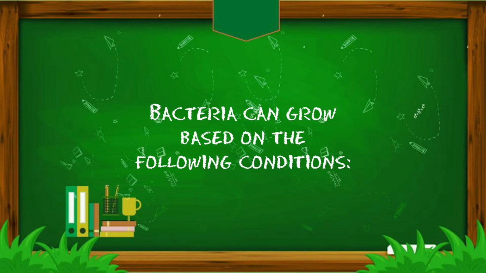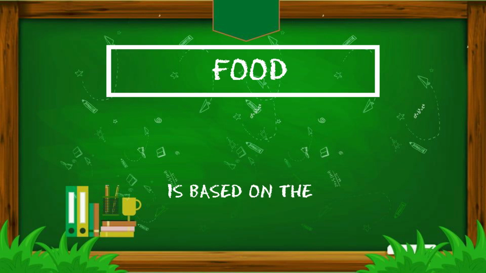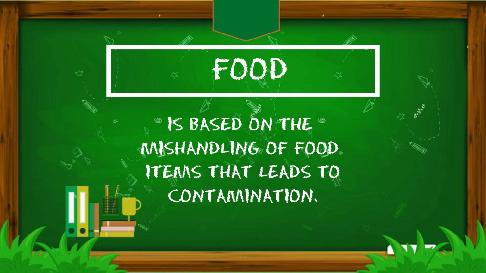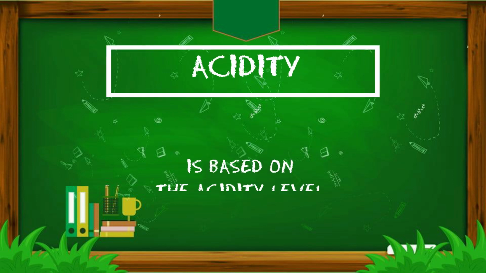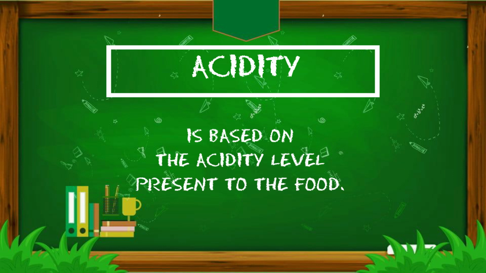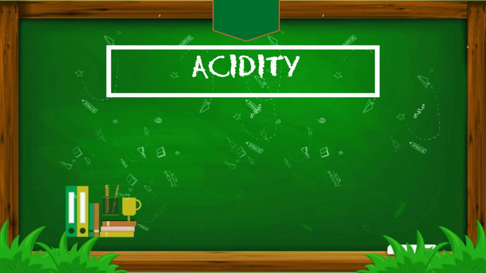Bacteria can grow based on the following conditions. Food is based on the mishandling of food items that leads to contamination. Next is acidity. This is based on the acidity level present in the food.